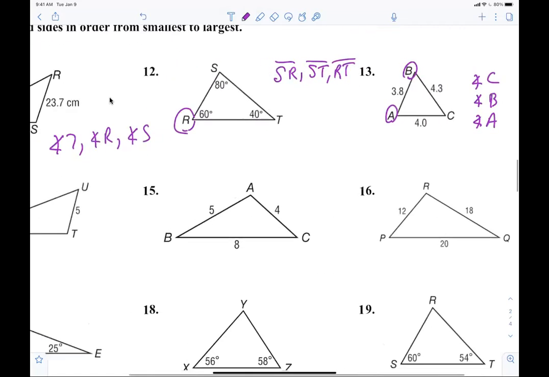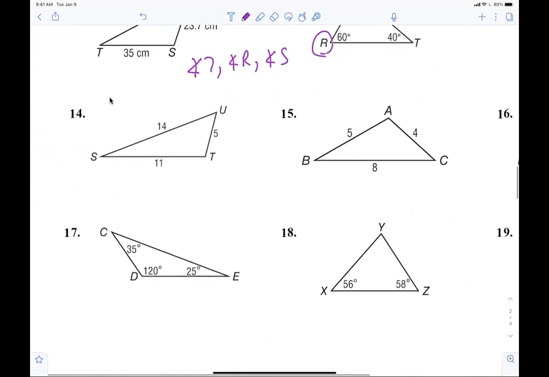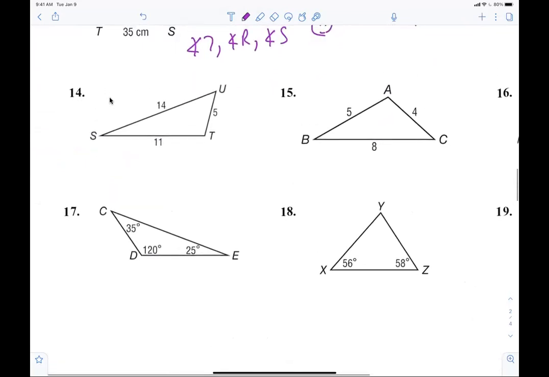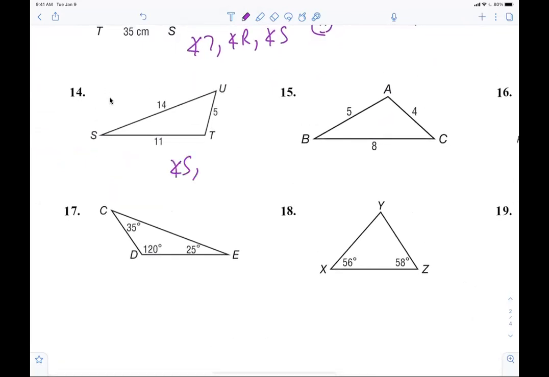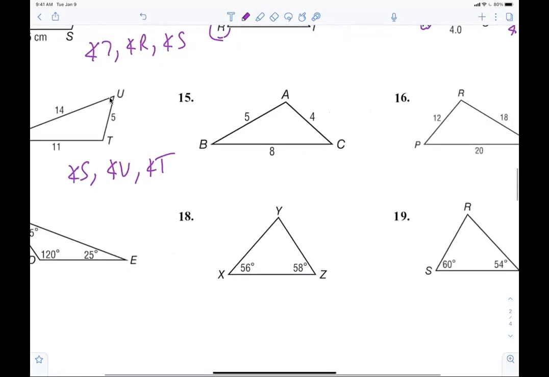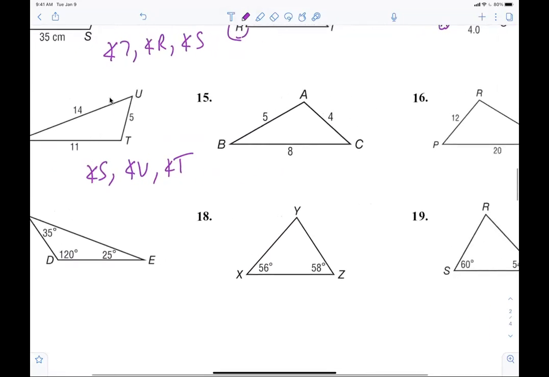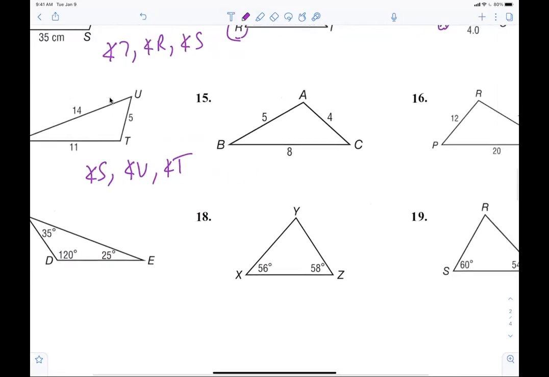All right, Chloe, you're up. Help me with 14. Angle S, angle U, angle T. Perfect. All right, Lexi, you're doing angles too. Angle B, angle C, angle A. Super easy.